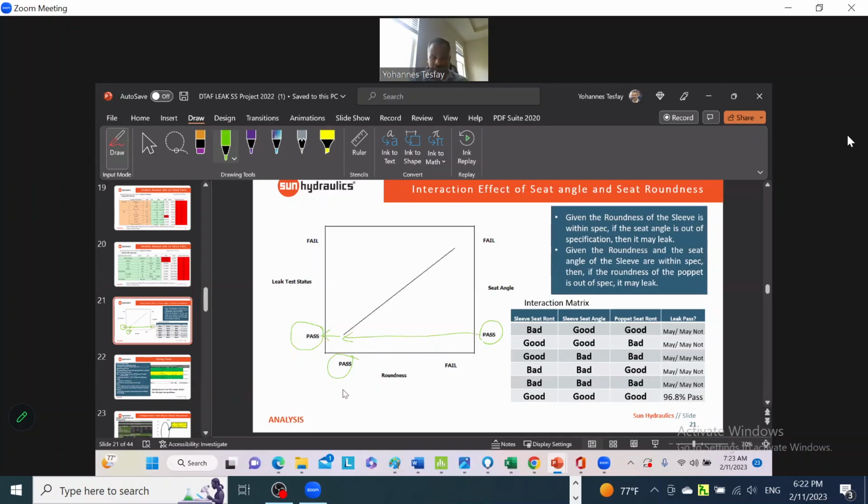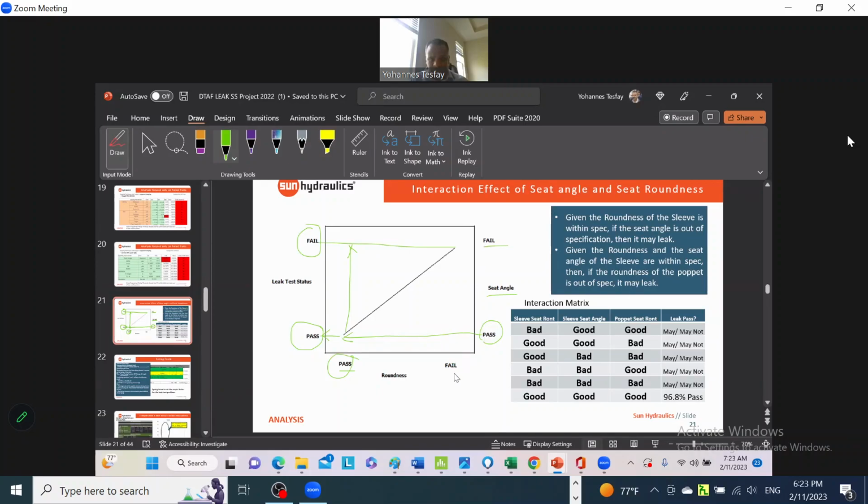If roundness is pass but seat angle is fail, the overall test is going to fail. Seat angle pass, roundness fail, pass-fail combined is going to be right here.